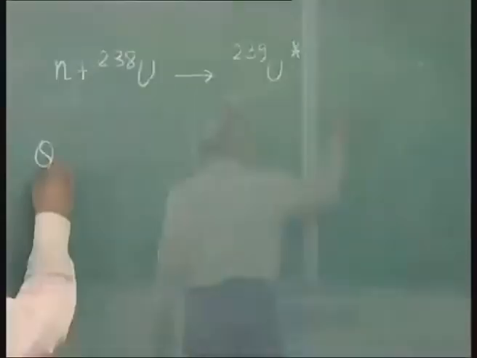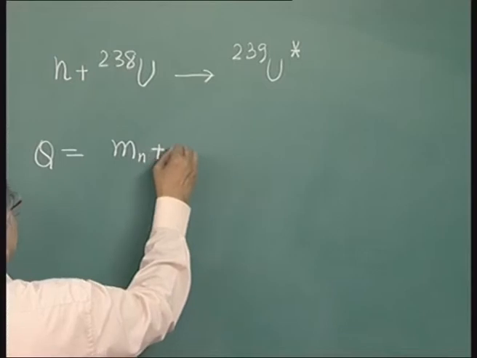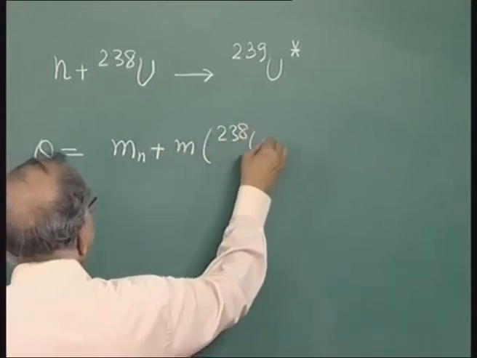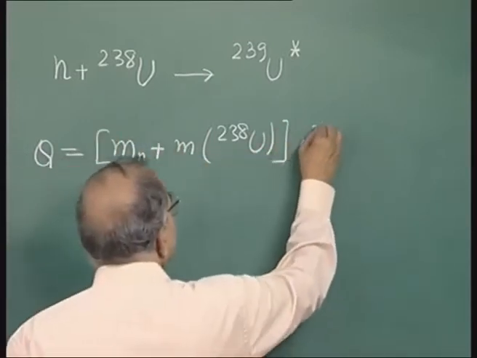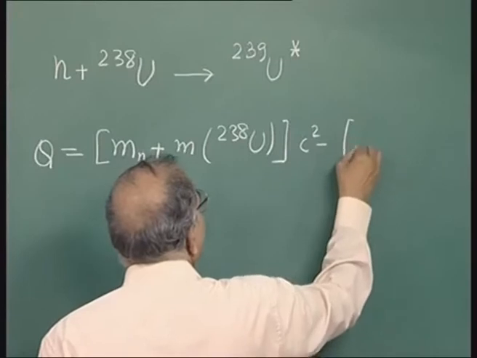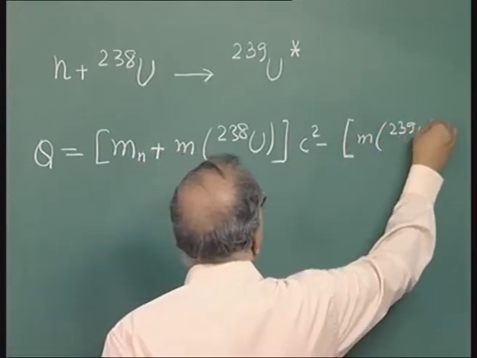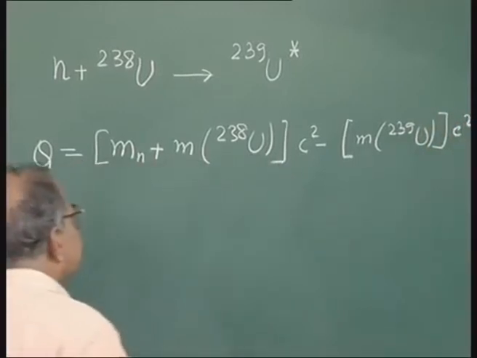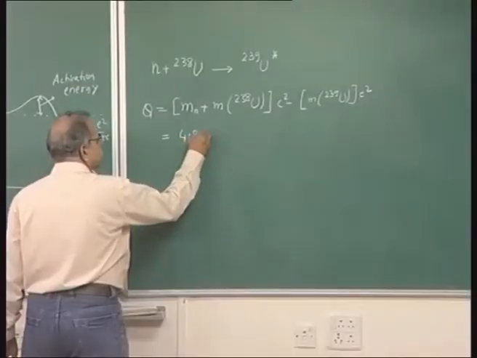The Q value here will be the mass of neutron plus mass of this uranium 238 times c squared. This is the initial rest mass energy, and then minus the mass of 239 uranium in ground state. This is the Q value, and this Q value comes out to be about 4.8 MeV.